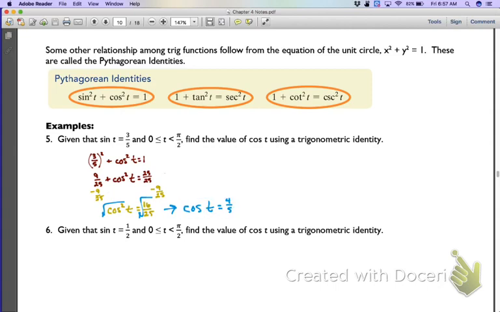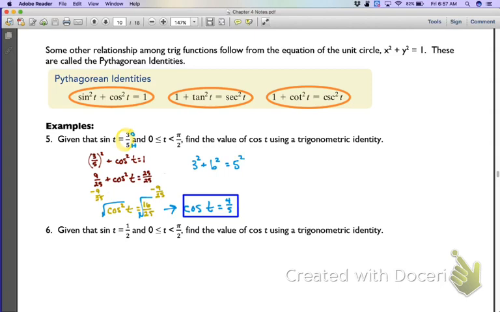Again, this is just a right triangle. Okay? If you notice that this is a right triangle, remember, this is my opposite side, that's my hypotenuse. 3 squared plus b squared equals 5 squared.